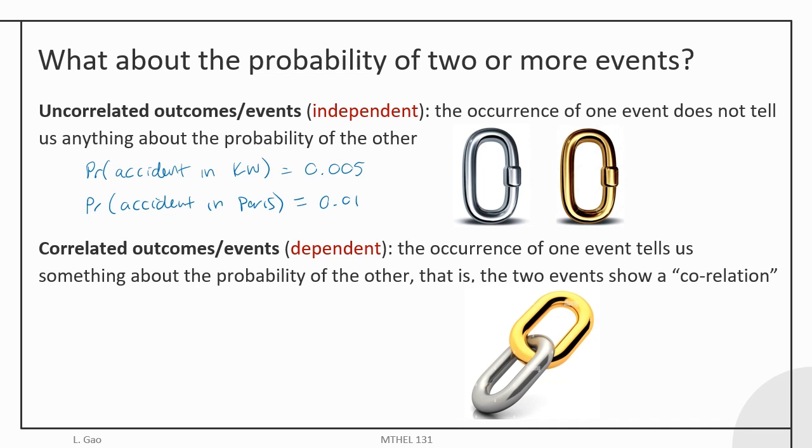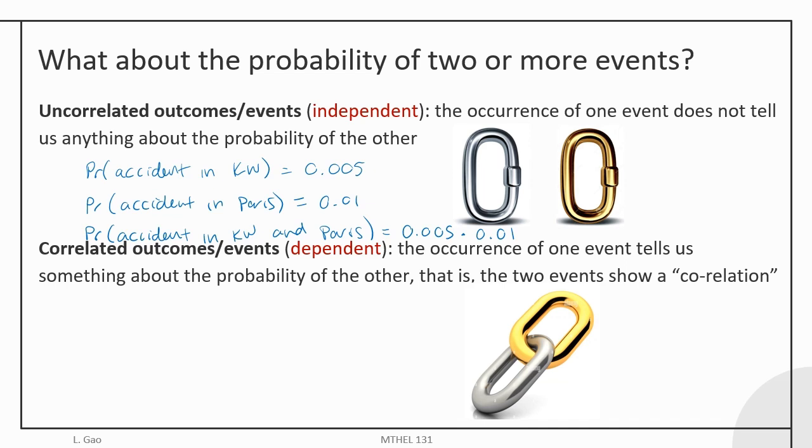And so if these two events are independent, then the probability of both of them occurring, so an accident in KW and in Paris in a similar time frame, is simply going to be the product of the probabilities of the individual events. And so we have 0.005 times 0.01, for example. So that's the independence case.